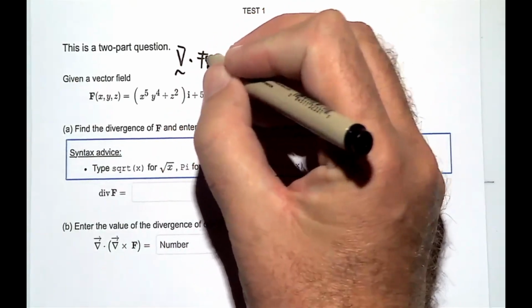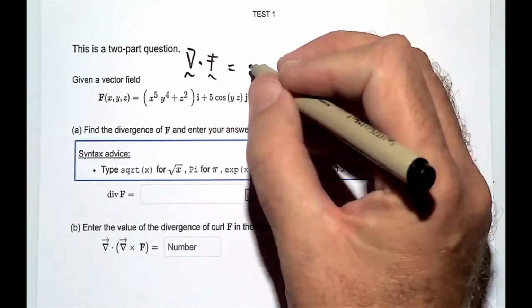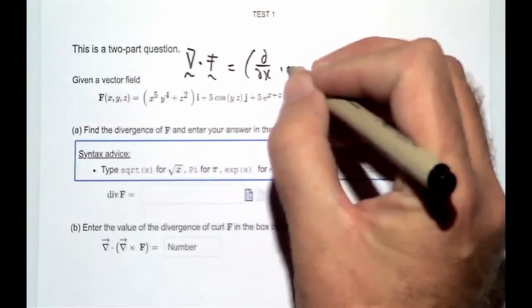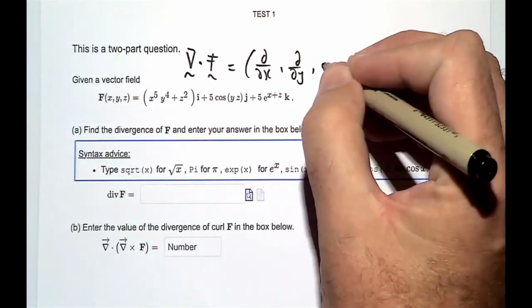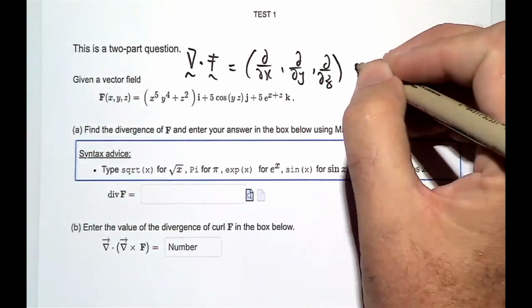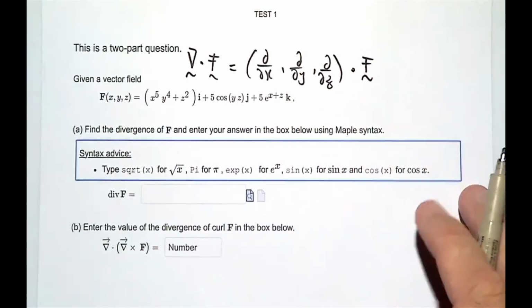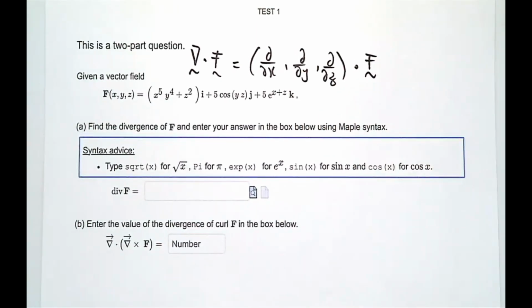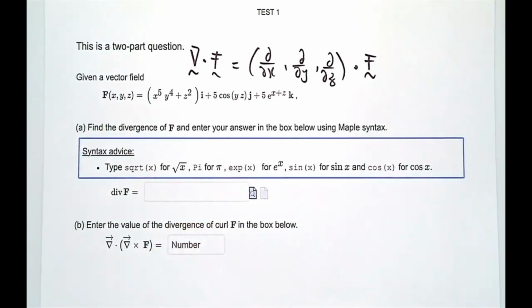Remember, when we have the dot there, we basically take the derivative of our vector field, add them all together, and we get either a number or an expression that's not a vector. So the first part of the question is a computational one, and the second one's a bit more conceptual.